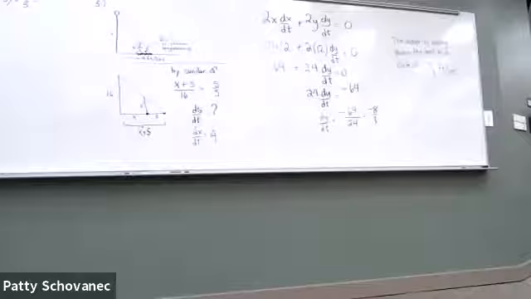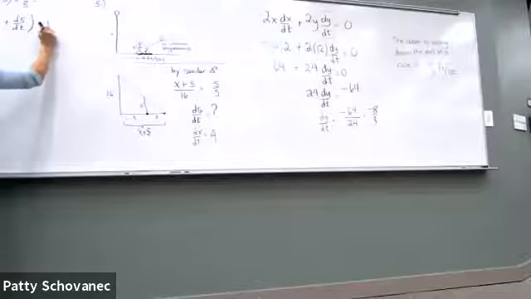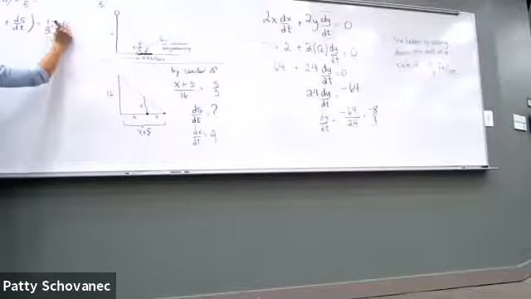Let's take the derivative of each term. Again, the constants can come out. Then you can go inside the parentheses and take the derivatives of those. You'll get dx/dt plus ds/dt. And on the right-hand side, you get 1/5 times ds/dt.